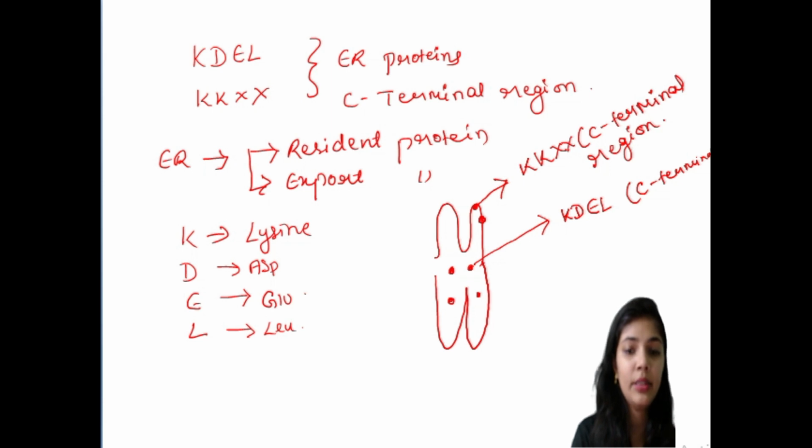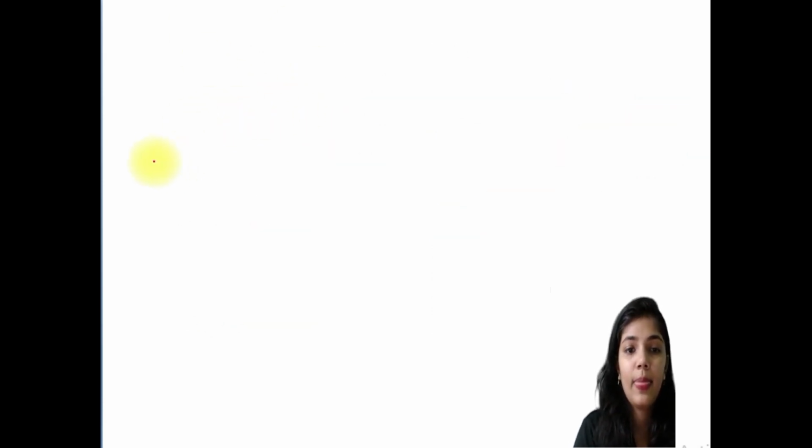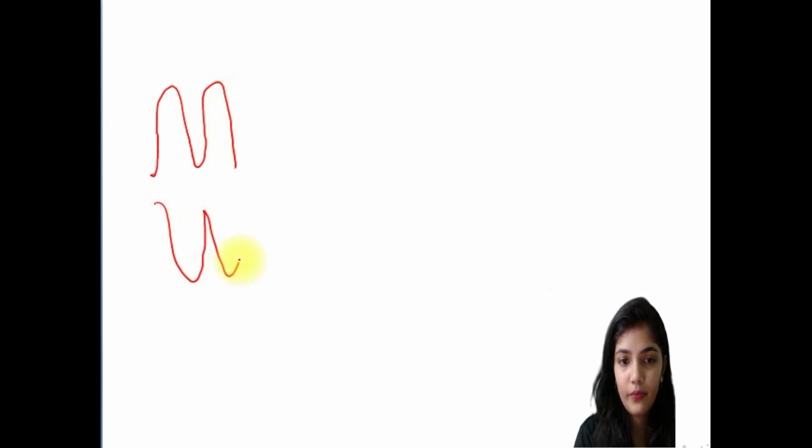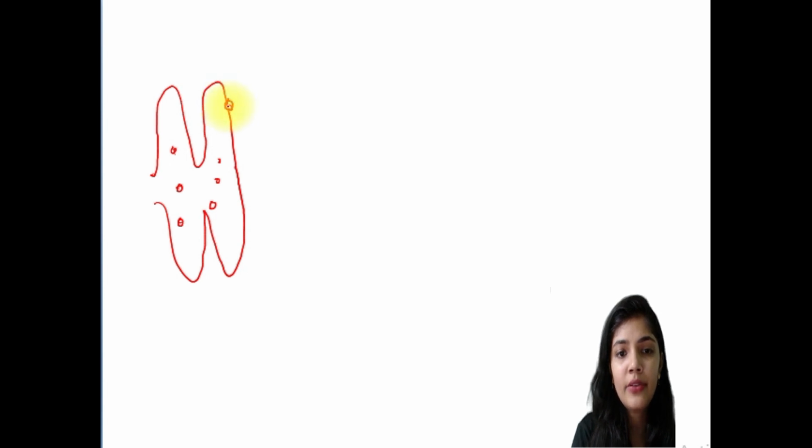Now let us see some other things. Suppose it is the endoplasmic reticulum. It has some proteins. These are the resident proteins which are present in the lumen as well as on the transmembrane side. What happens? Sometimes they bulge out.